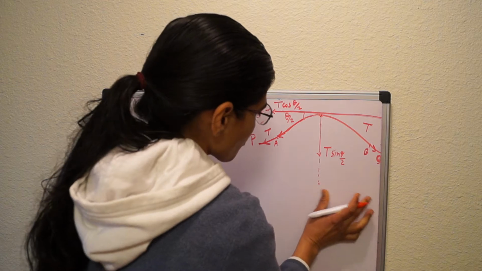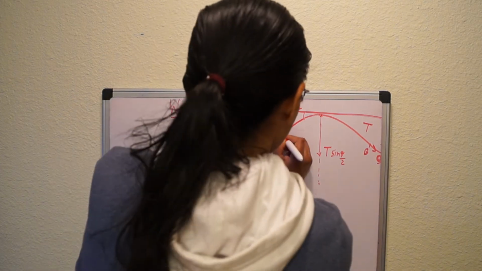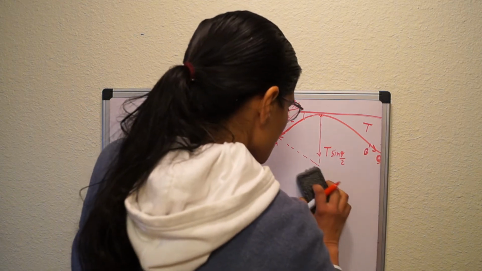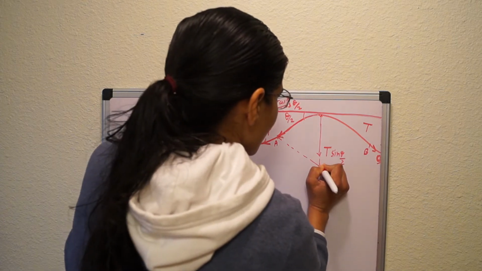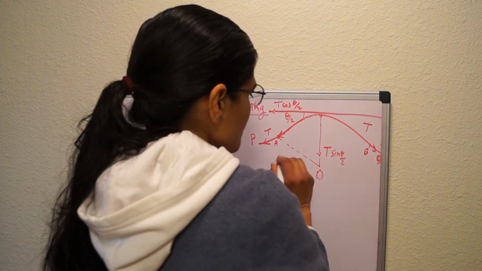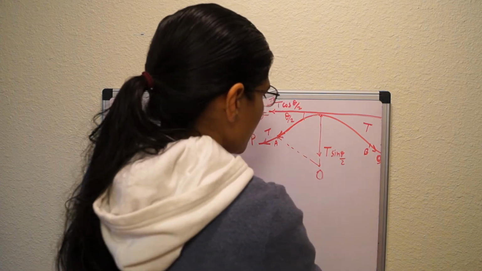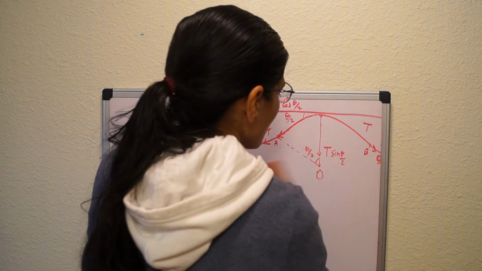That should not be O, it's probably over here, so I'm going to change this as O. I'm just doing this to show you something after some time. So this is the point O, and if you use geometry, it turns out that this angle becomes theta by 2.